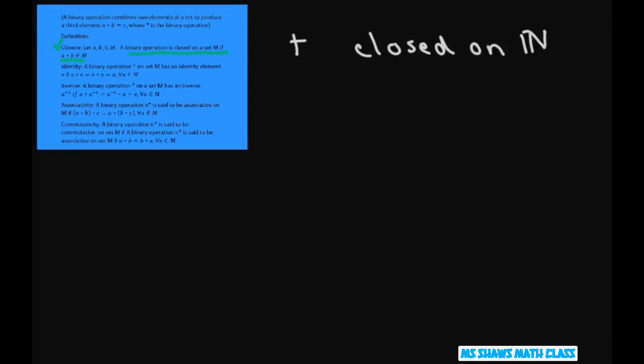And so two natural numbers always produces a third natural number.